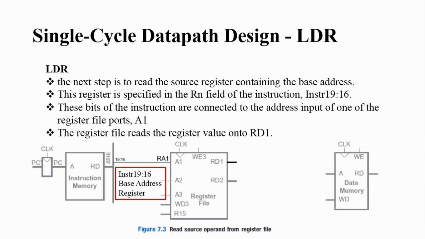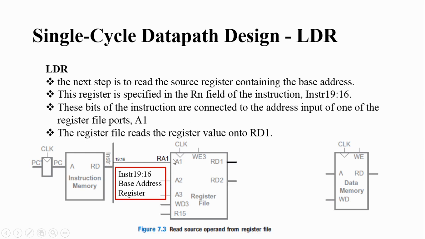In my case, let us take RN as R1. So you should give 0001 to this. That will already be available in instruction bits 16 to 19. So the base address stored in R1 will be available here. That is how you are selecting a particular register.